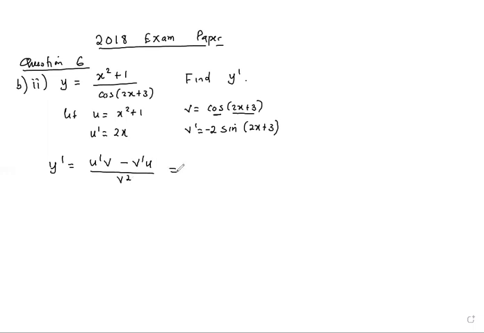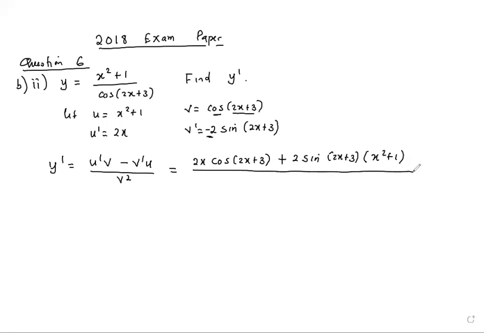So u prime is 2x, v is cos 2x plus 3, minus, it will become plus 2 sine 2x plus 3 multiplied by x squared plus 1. Everything divided by cos squared 2x plus 3.